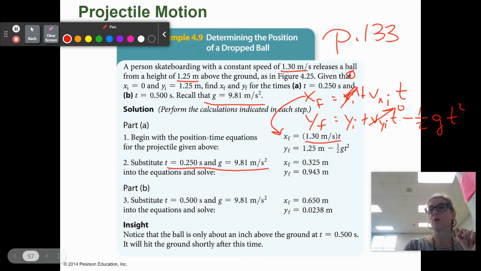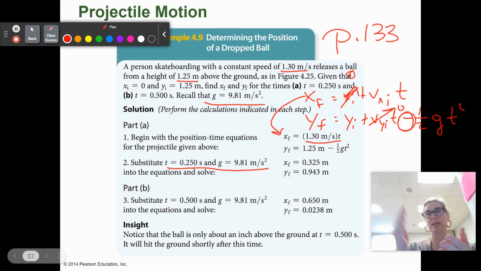Okay, so this negative already takes into account the fact that our gravity is acting downward. So in here, we put in 9.8. We don't put in negative 9.8 because we've already accounted for that in our equation to begin with. So you would have 1.25 minus 1/2 times 9.8 times 0.25 squared.